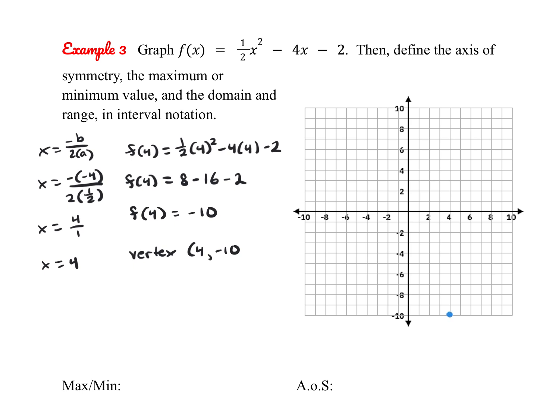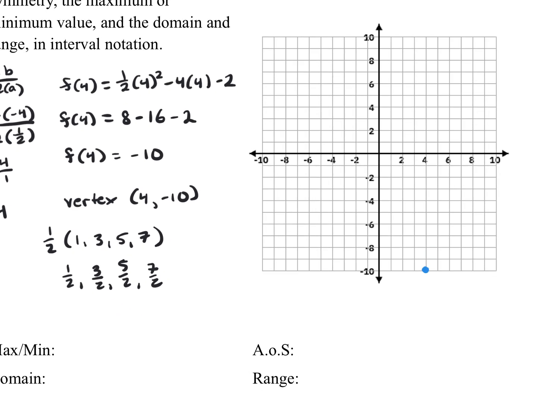And then for our vertical growth pattern, remember sometimes for this I like to extend my pattern a little bit. So 1, 3, 5, 7. I could do more if I wanted. So 1 half, 3 halves, 5 halves, 7 halves. So I can go up 1 half over 1, up 3 halves over 1, up 5 halves over 1, up 7 halves over 1.